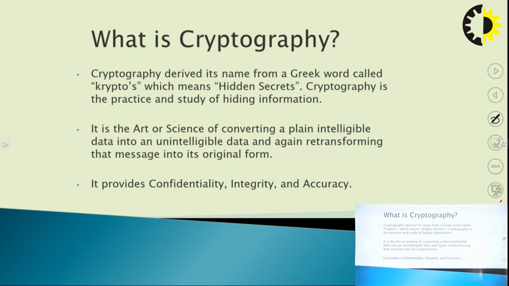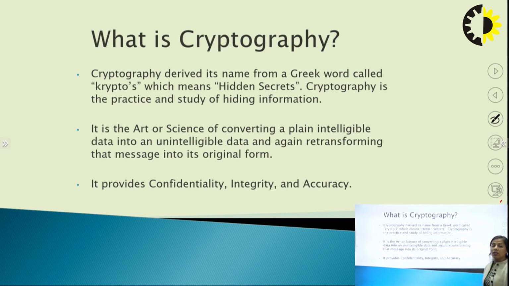So first, let's discuss what cryptography is. Cryptography is derived from the word cryptos, which means hidden secrets. Hidden secrets, it's like whatever communication we are doing should be kept as a secret. It is the practice and the study of hiding information.